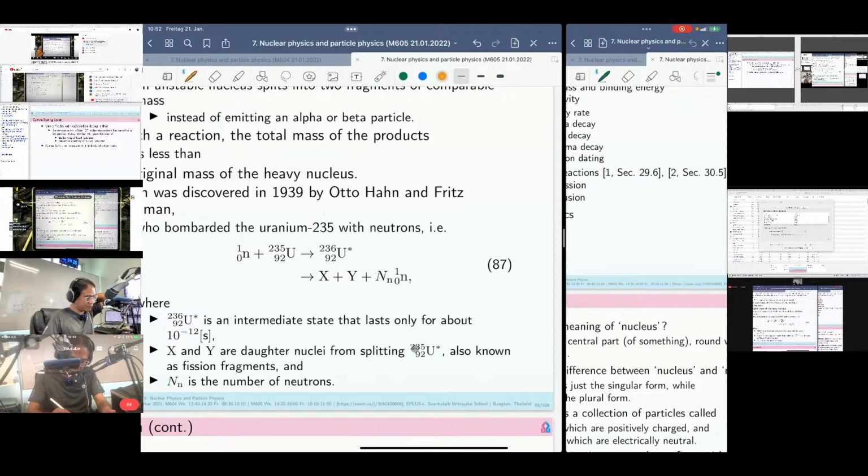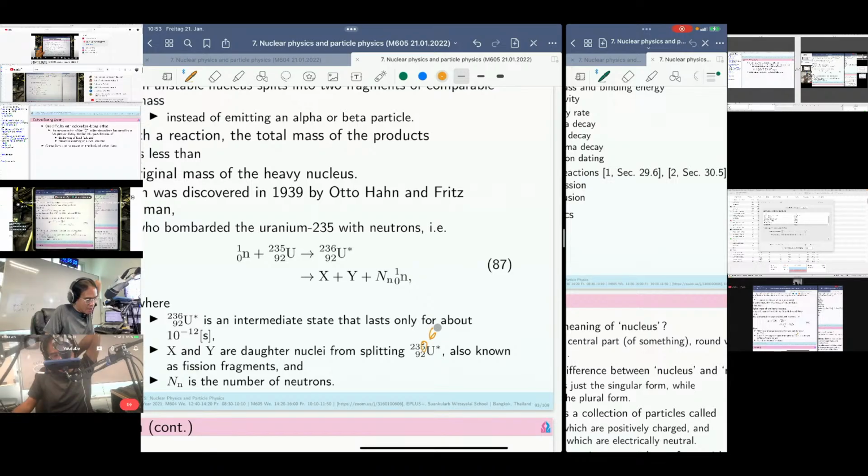I really appreciate how physicists measure such fastness by femtoseconds. It's really hard. X and Y are the daughter nuclei splitting from 236, and they are known as fission fragments.